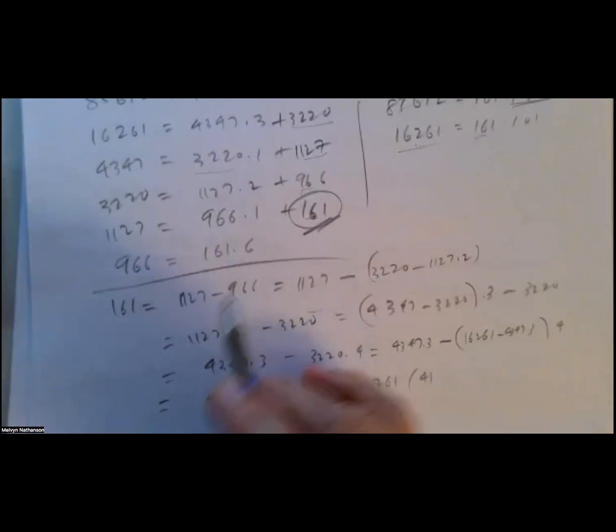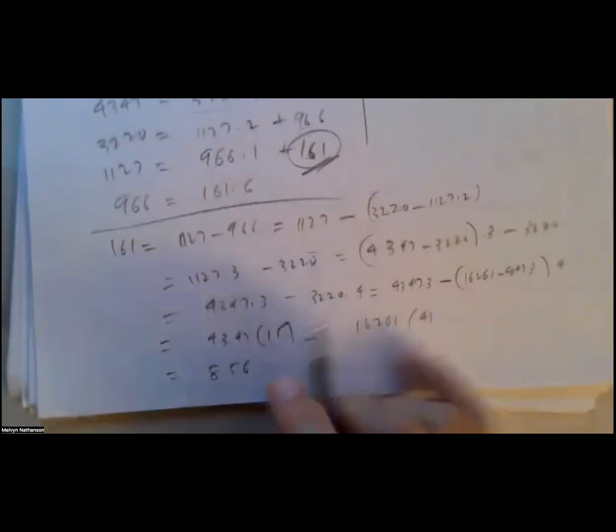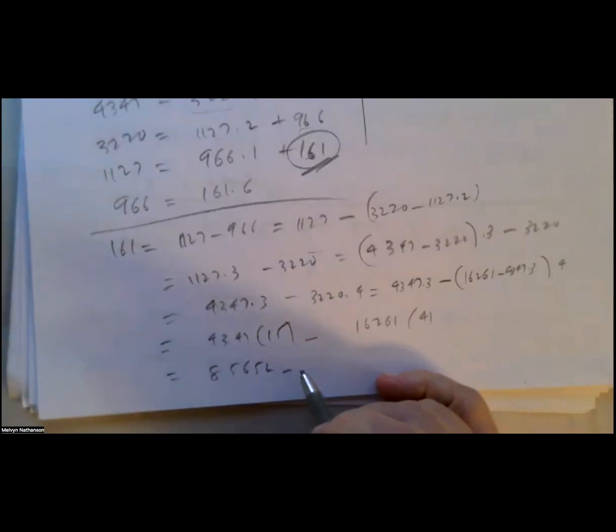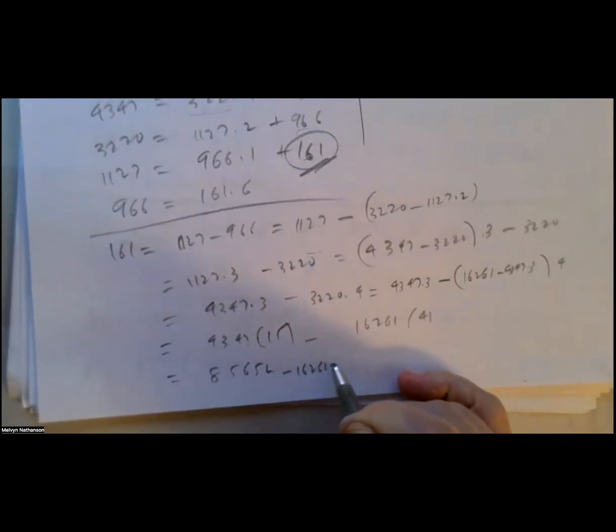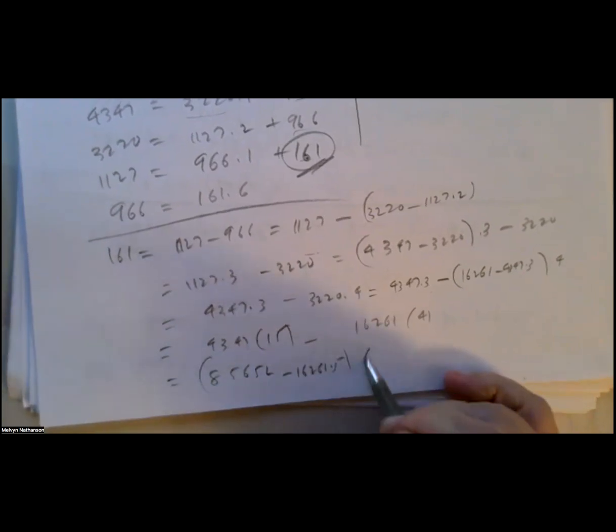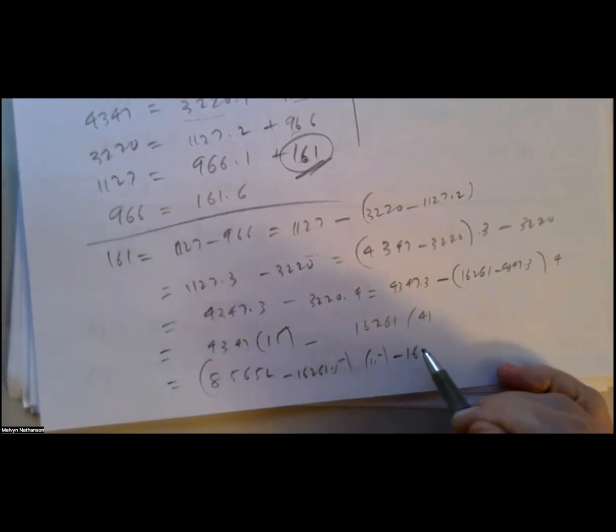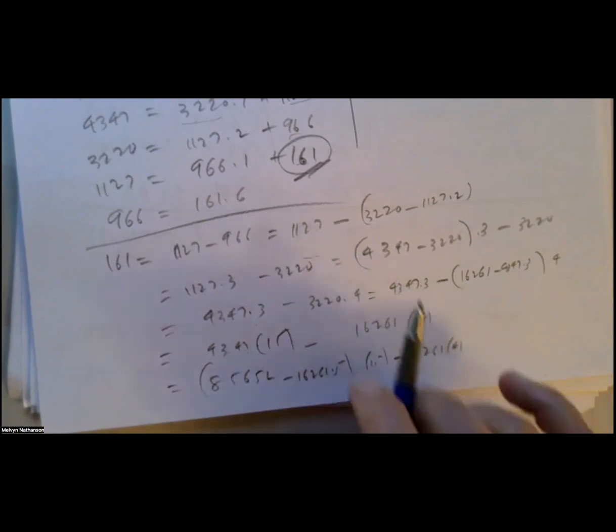And 4347 is 85652 minus 16,261 times 5, all times 15, minus 16,261 times 4.